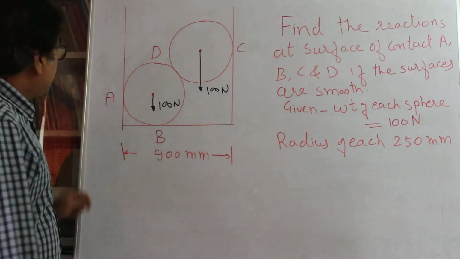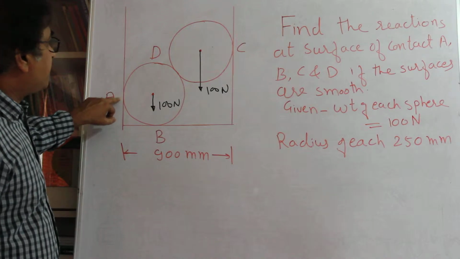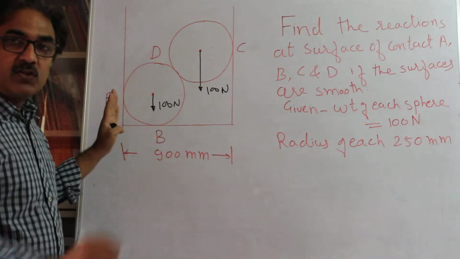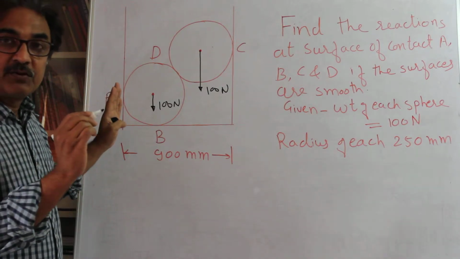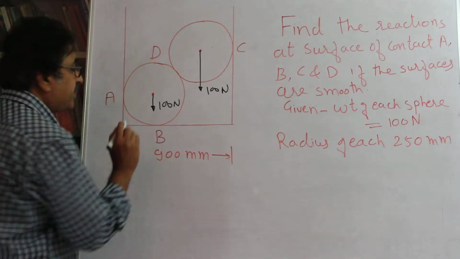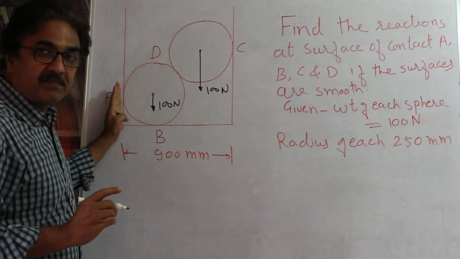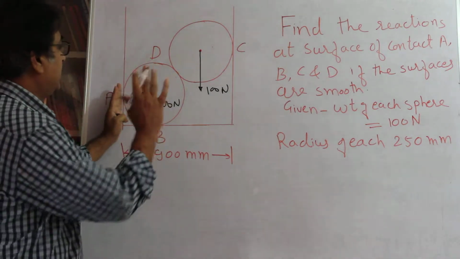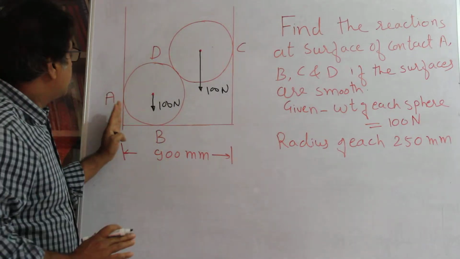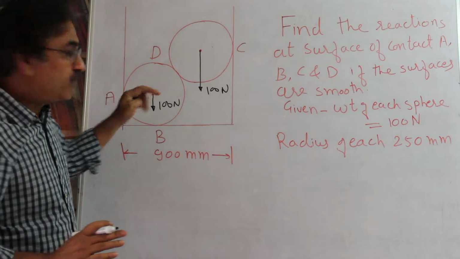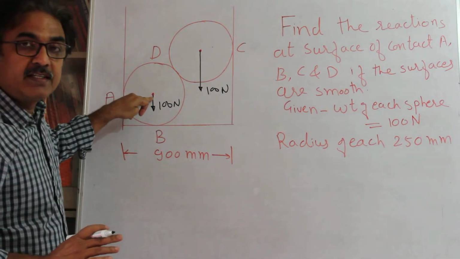Then there will be a reaction at A and at C. A and C surfaces are vertical, so the reaction is going to be perpendicular to it, right? Remember, these surfaces are tangent to these circles. There is a sphere, but the projection here is a circle, so they are tangential. It means that the normal force has to pass through the radius.